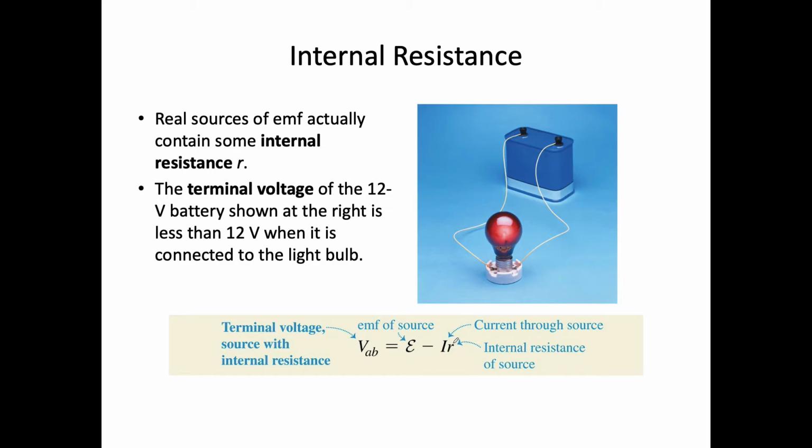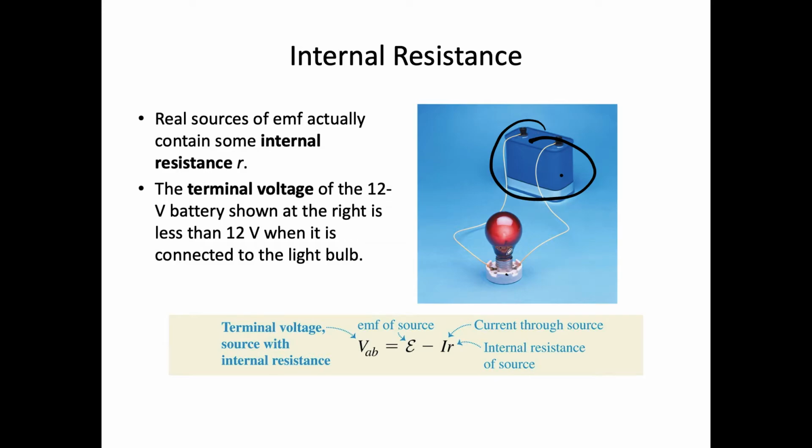Now most EMFs have an ideal potential. The claim is, for example, 12 volts or 1.5 volts, and this is when nothing is connected to it. Now if you connect a circuit element to the EMF, usually the terminal voltage is going to decrease, and it can be thought of as the battery being a device that has a resistance as well. We call it the internal resistance.